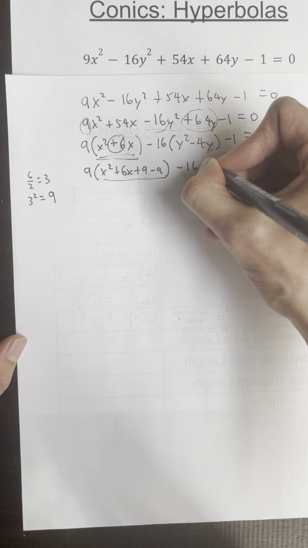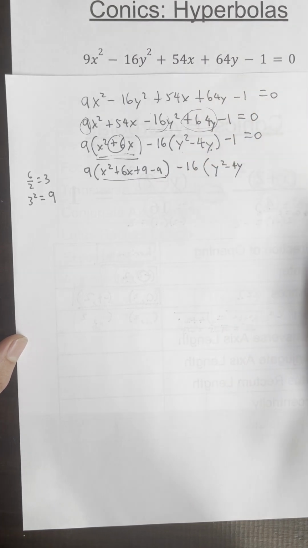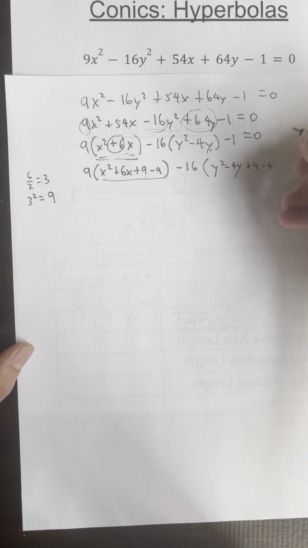Let's go ahead and do the same thing with y. Actually, as an exercise, I'll have you pause the video and repeat my steps with y. Did you get it? Okay, here it is. So plus 4 minus 4.